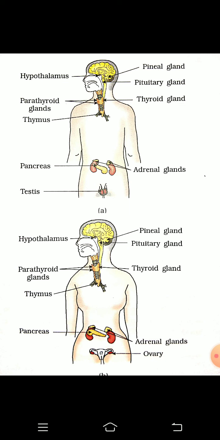The hormone released by this thyroid gland is thyroxine. How does it help? Let us see. Thyroxine regulates carbohydrate, protein, and fat metabolism in the body. Metabolism, that means metabolic activities. What are metabolic activities?